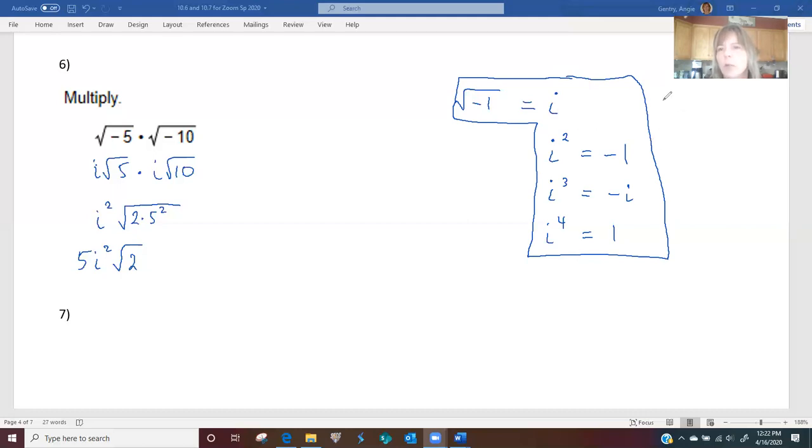Really, the only ones you absolutely have to memorize are these two. And then the rest of them you can derive. If I tell you it's i cubed, you could say, well, i cubed is i times i squared. i happens to be an i, and i squared is a negative 1, just accept it. Sometimes that's just easier, okay? And that's a negative i. So you can derive the others very easily.